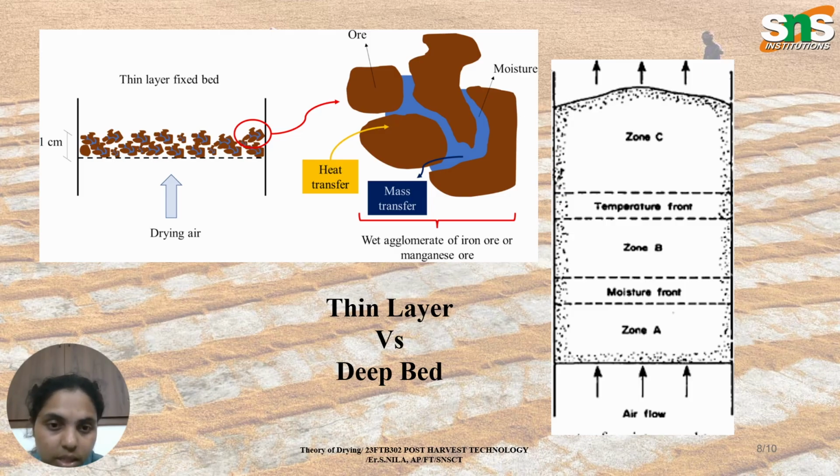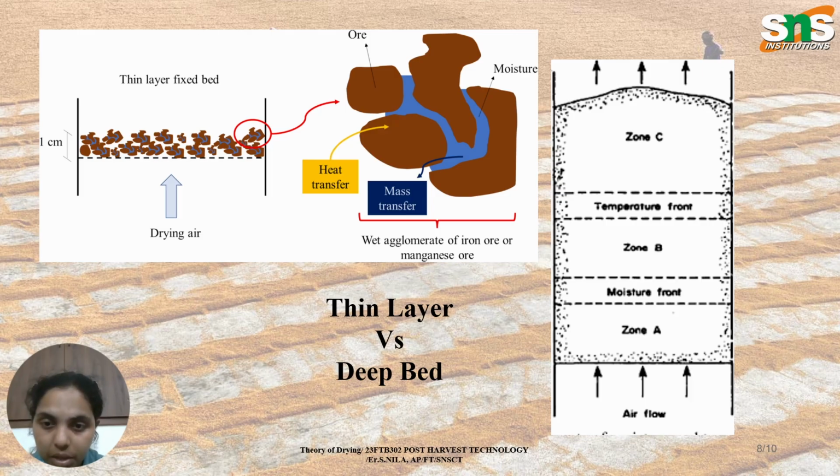In this single layer, almost each product will have its surface in contact with the tray and also with the upper side air, that is environmental air, or the air which passes in the drying systems. So the heat transfer happens and the water moves through capillary spaces and gets out of the products through its surface layers, and automatically it gets evaporated in the drying environment.